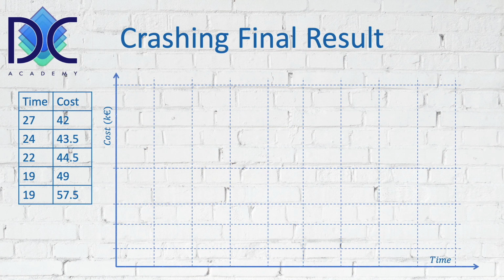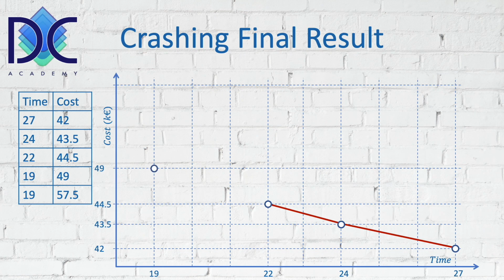Let's have a look in the graph. So we have the first number, 27, with a cost of 42K. Then we have 24 periods with a cost of 43.5K. And we connect this so we can calculate also the cost of the project for intermediate durations. We continue with 22 periods and a cost of 44.5.